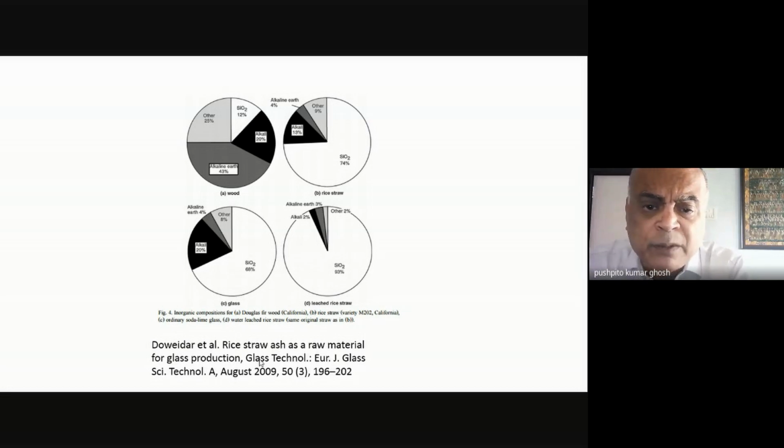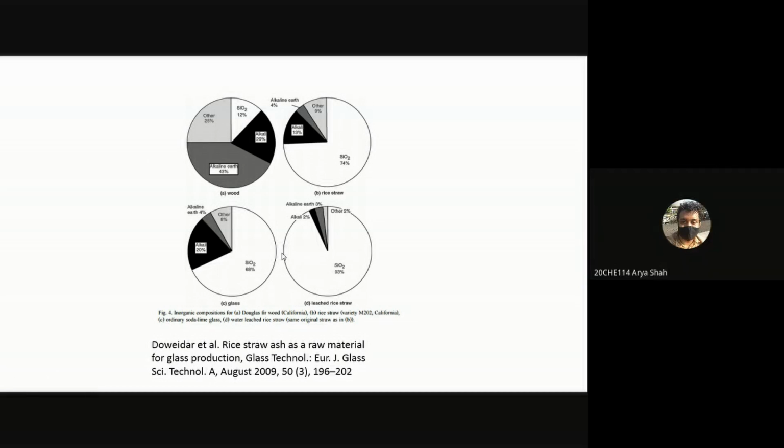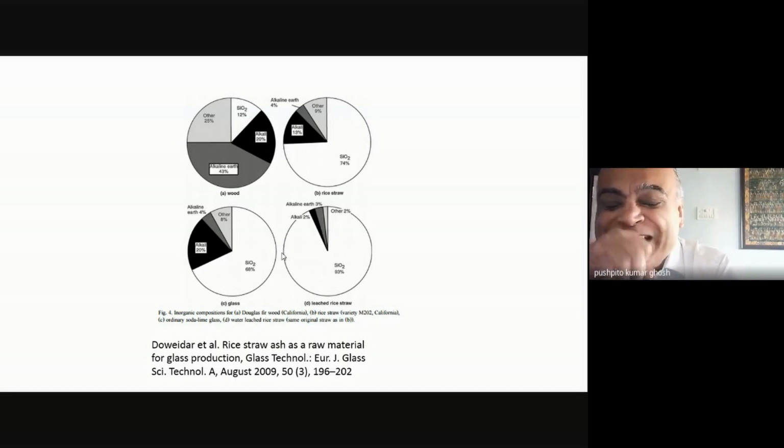Let me ask you, for example, there are some differences, of course, between this and this. So what would I do to make it exact? Add more alkalis. Yes, you can add more of these alkalis as required, or if there's too much of it, add more silica. It need not be a perfect composition. You can play this kind of a game.